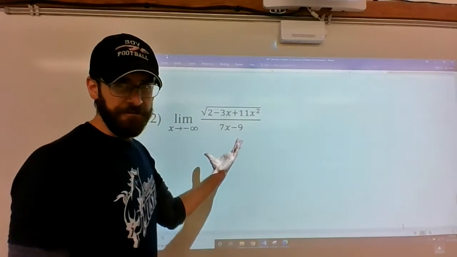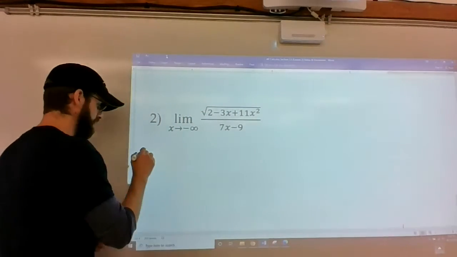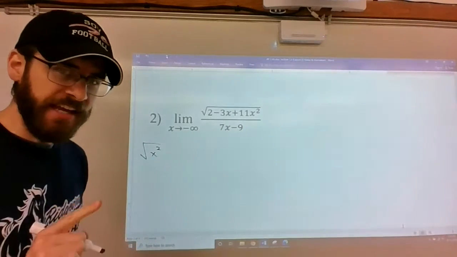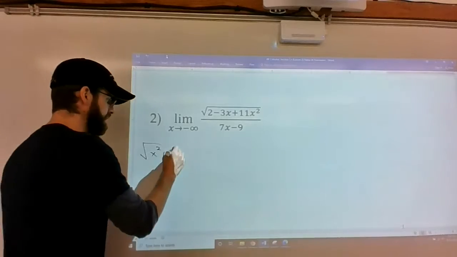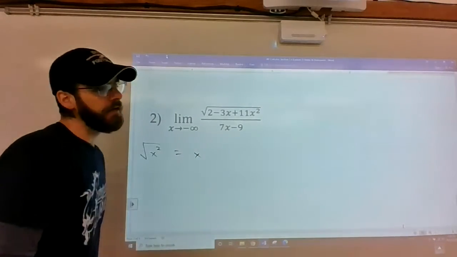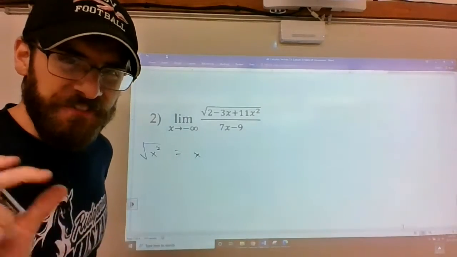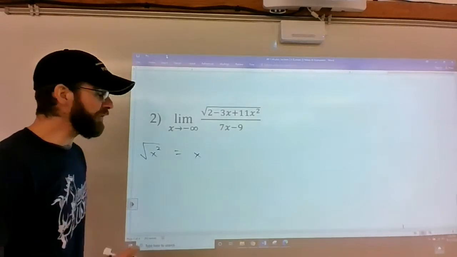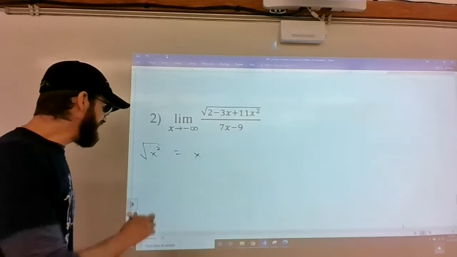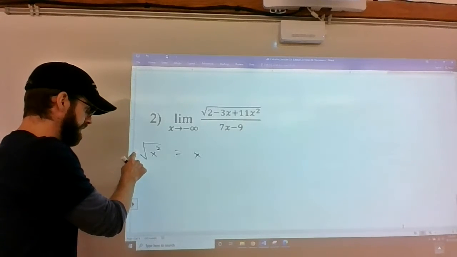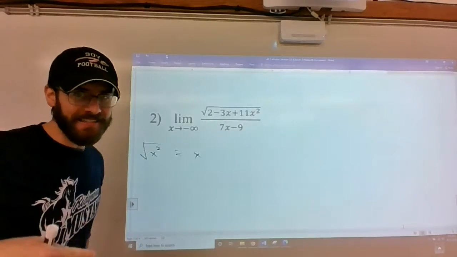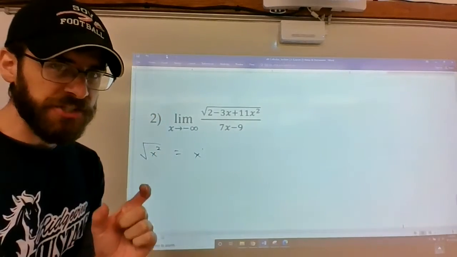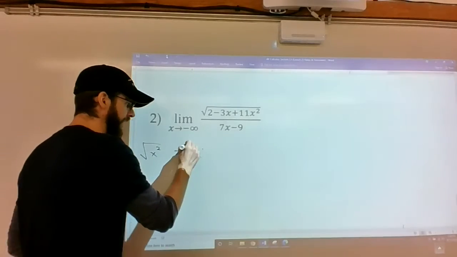It doesn't seem any different, but I kind of glossed over something when I said the root x squared equals x. I was fibbing just a little bit. There is a rule when you take an even root and you get an odd power on the outside that you must put absolute value bars around it.